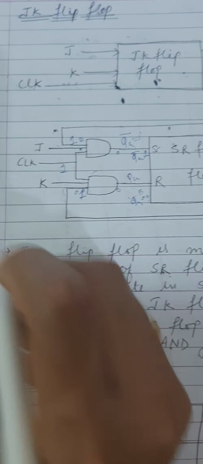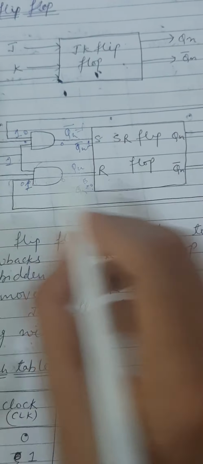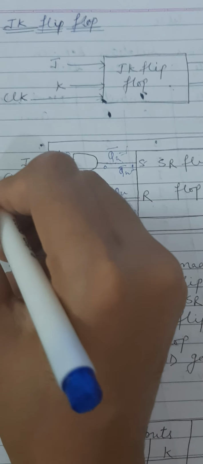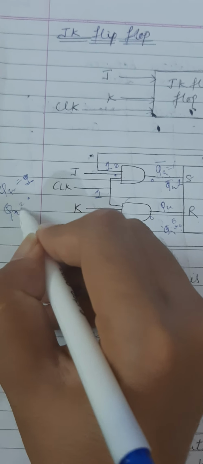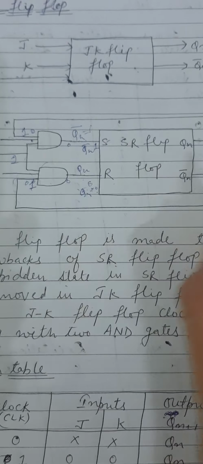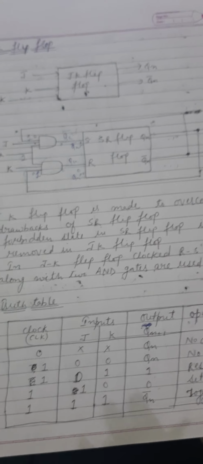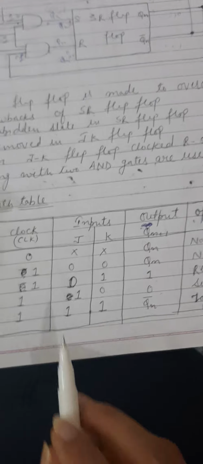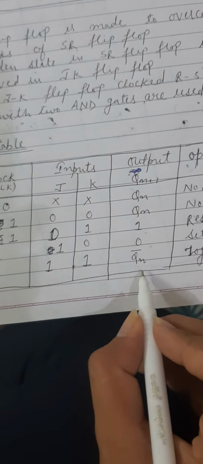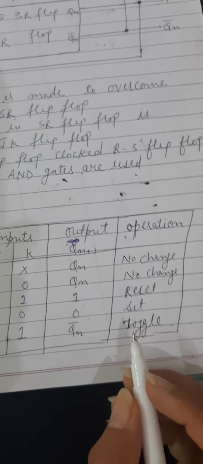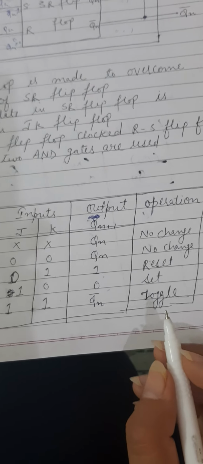And if Qn is equal to 1 and Qn complement is equal to 0, when these inputs are given, then the output will change from 0 to 1. That means we are getting an output which is the complement of the previous state. So we will write Qn complement in the output column, and this state is known as toggle. Toggle means the output is complemented from the previous state.